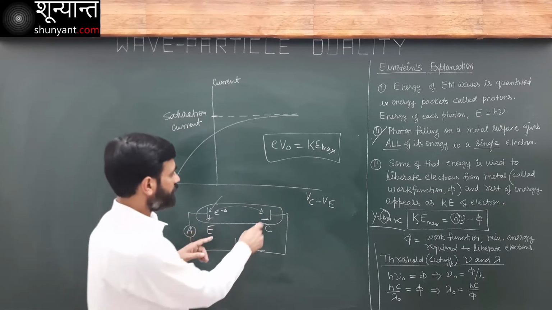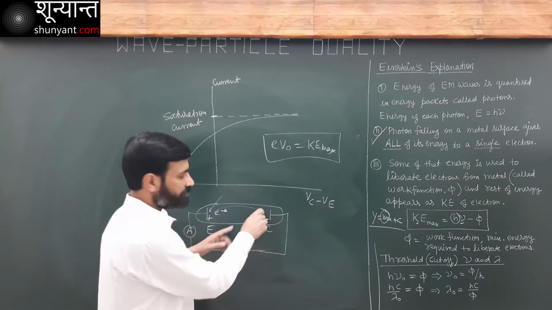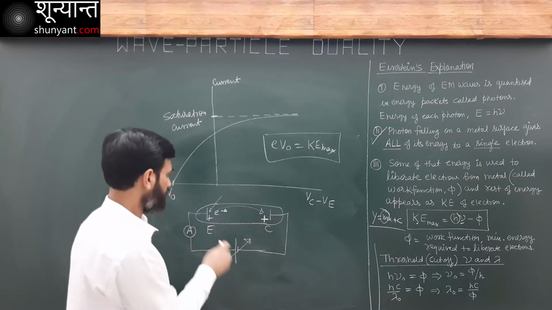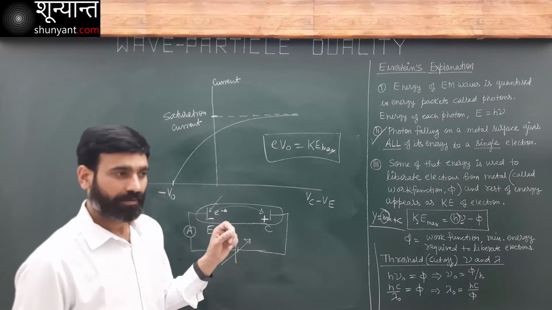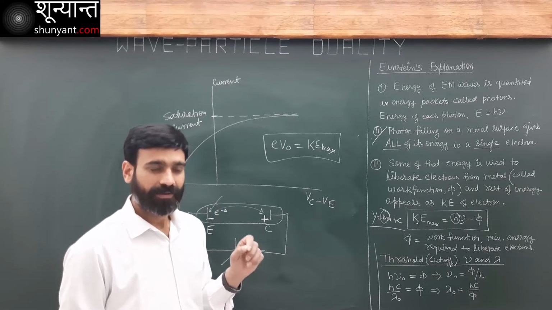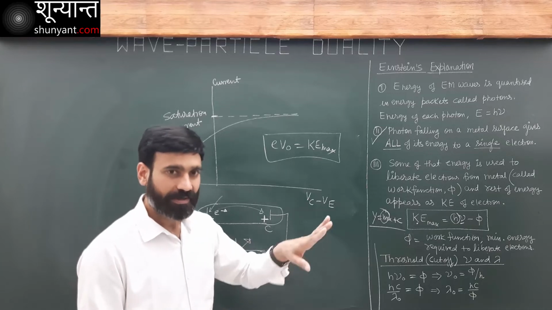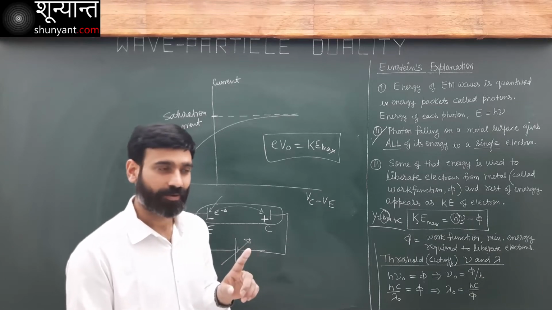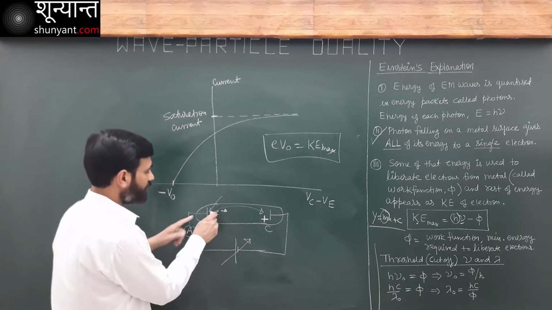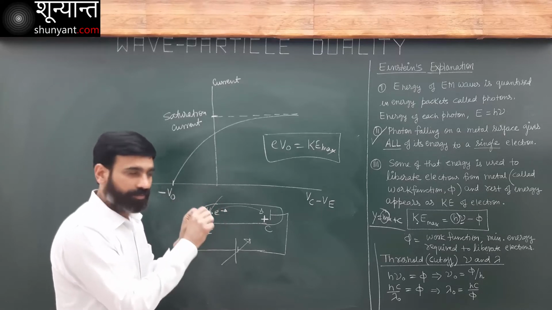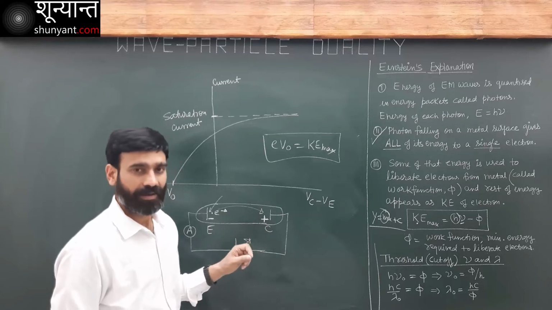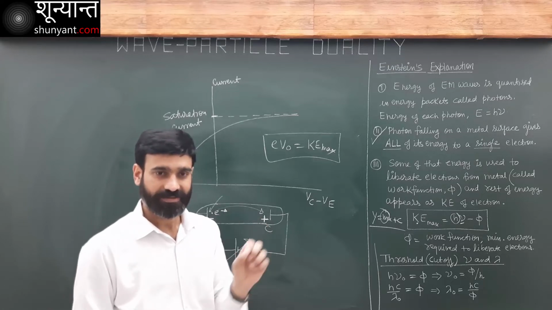If it is made sufficiently positive, then at a certain point it is able to attract every electron. So whatever electrons are ejected from here, all of them are attracted. At that time my current will be maximum.